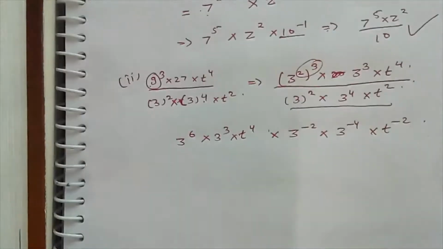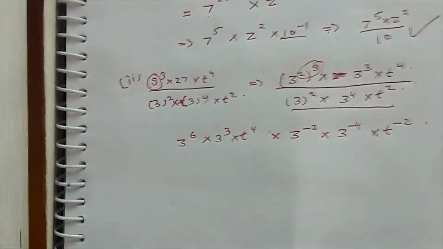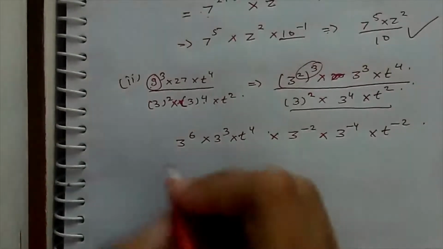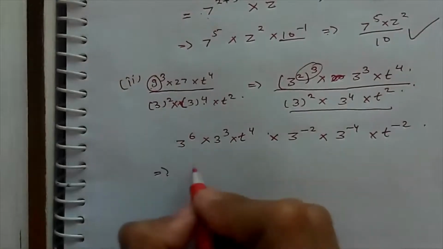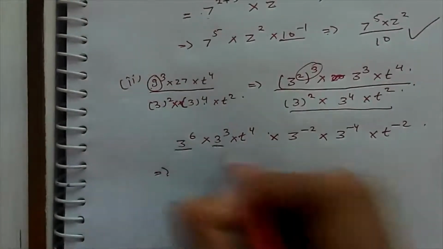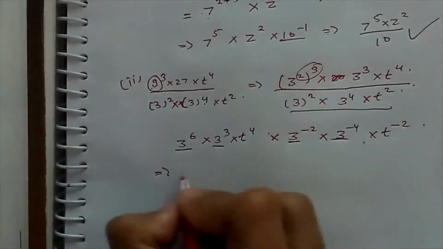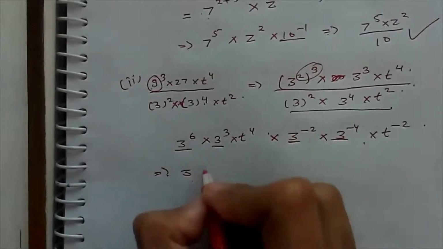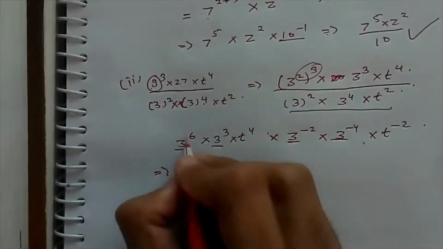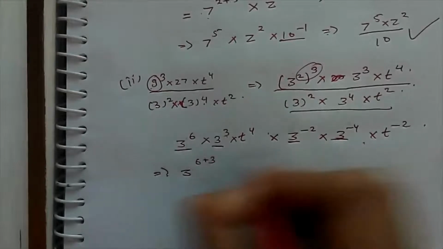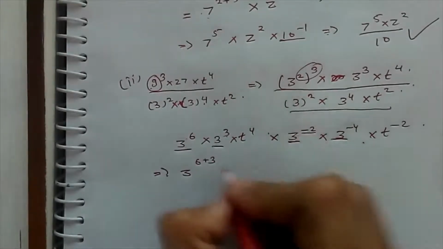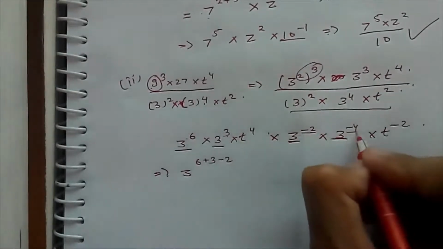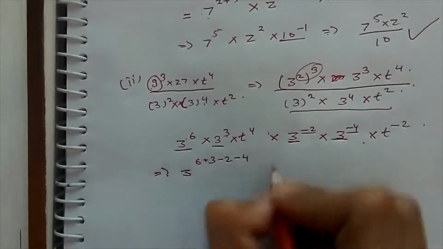We will simply write the denominators in negative powers while going to numerators. Now 3, 3, 3, 3. We will take the same base and add up the powers. 6 plus 3, plus minus is minus, so minus 2, and then plus minus is minus, so minus 4.